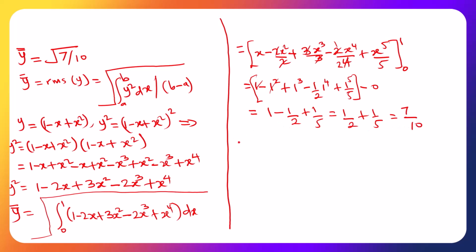Of course, the required y double bar is now equal to the square root of 7 over 10. This is also proved as required.